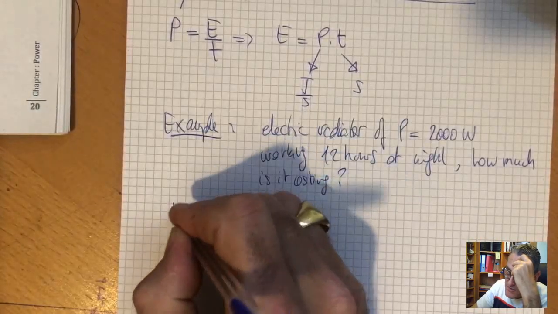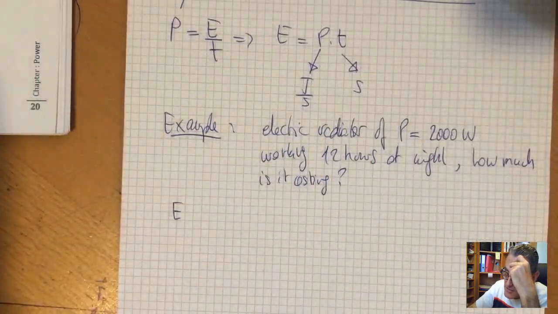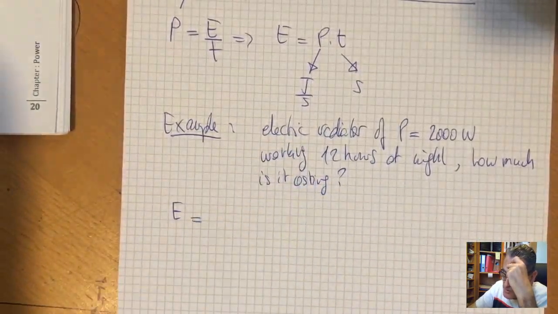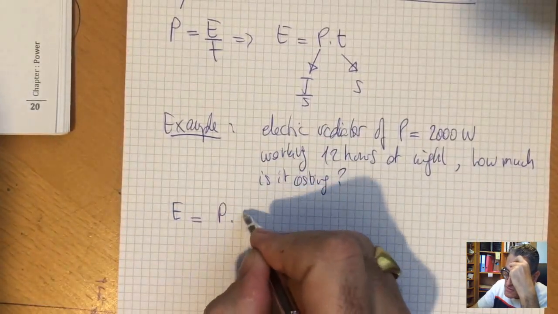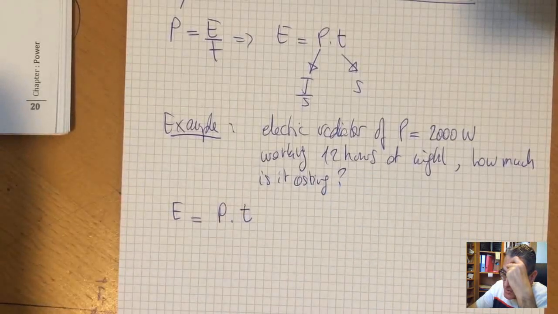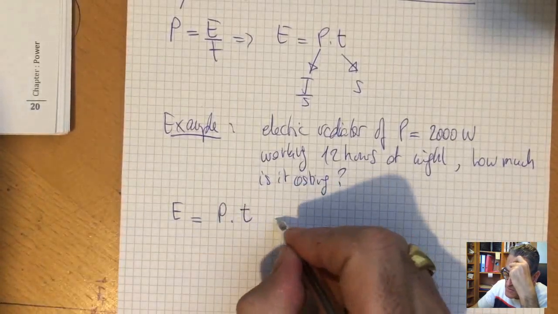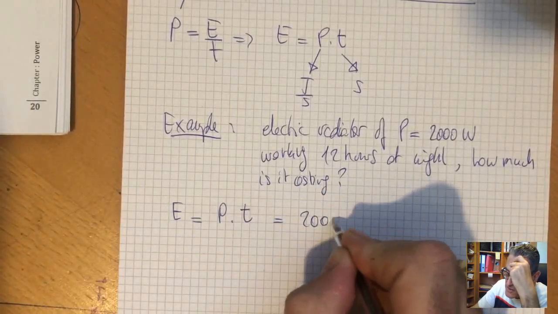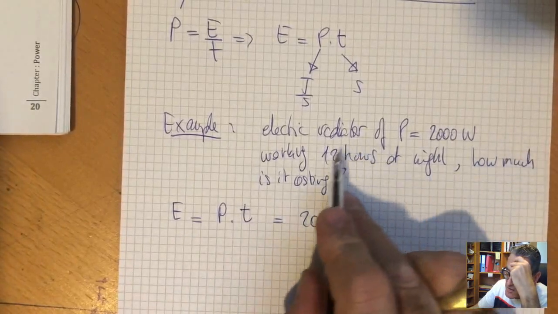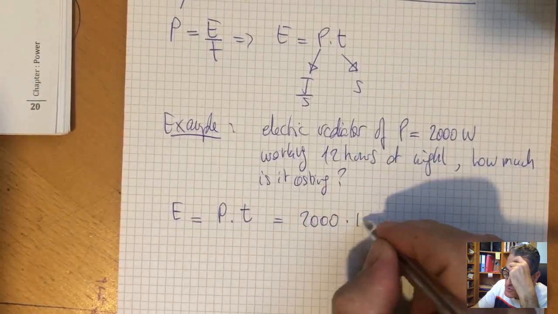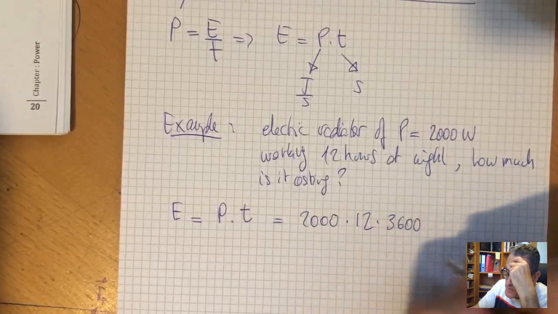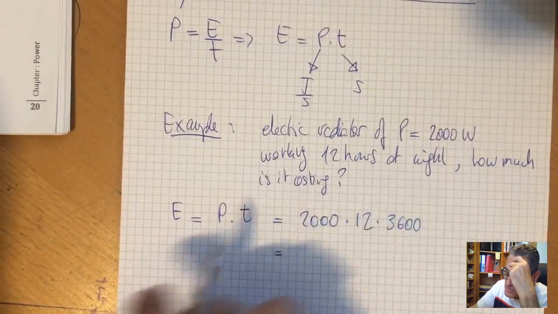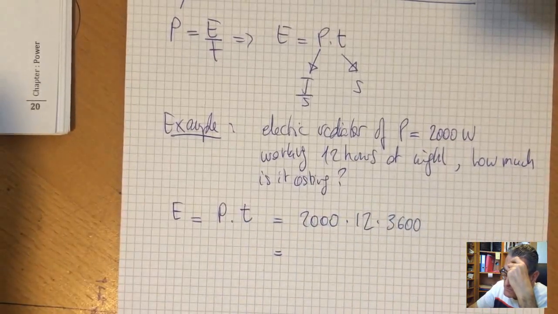Okay, what is the energy that this radiator is producing? The energy is the power times the time. The power we said is 2000 watts and the time is 12 hours. So I have to do times 12 and then each hour is 3600 seconds.